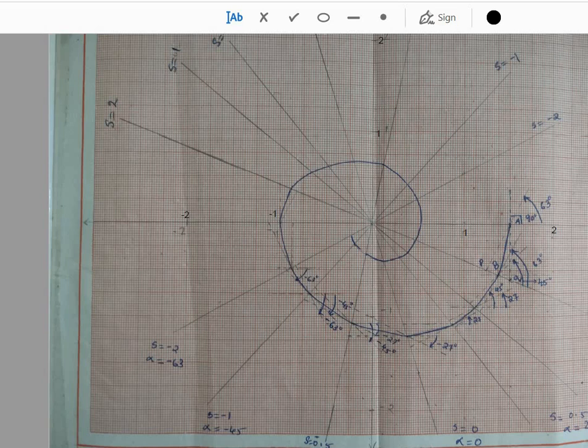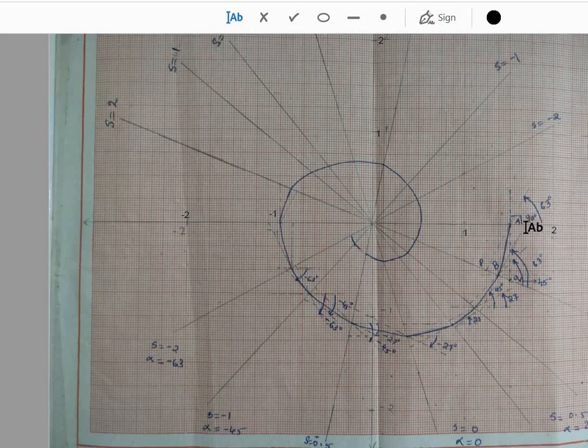In the x-axis, the slope will be equal to infinity and alpha equal to 90 degree. So for plotting the next point, the initial point is this. In this isoplane, take the angle. So at the x-axis the angle is plus 90 degree.